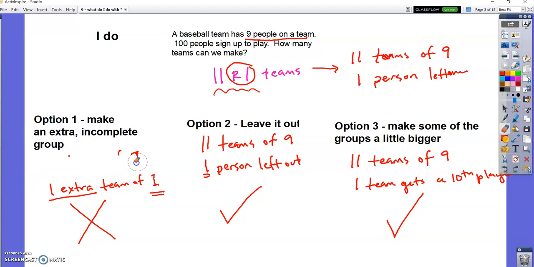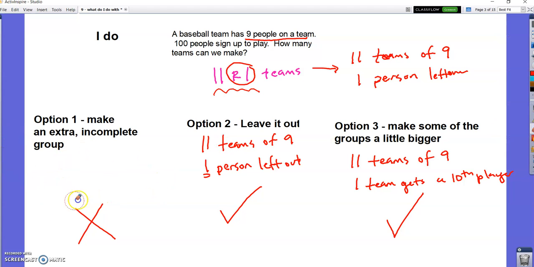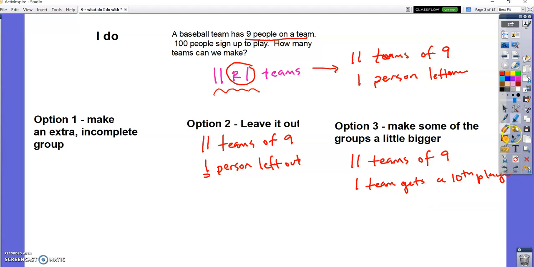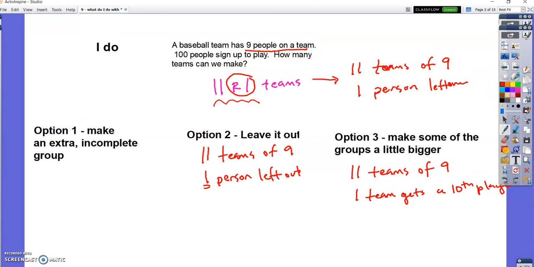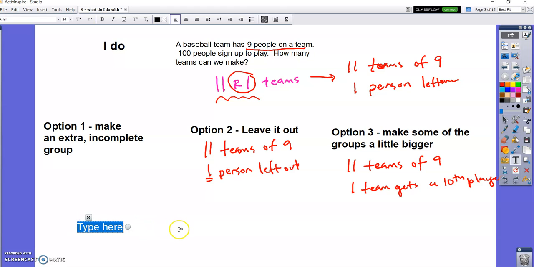I want to just focus today on, after I've done all this thinking and considering, how do I write my answer to this question in a way that communicates that I know what I'm talking about? The reason I'm making a lesson about this is that I'll get students whose answer to the question is like, I choose option 3.